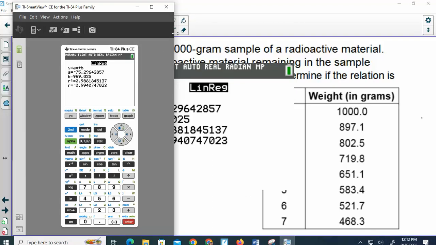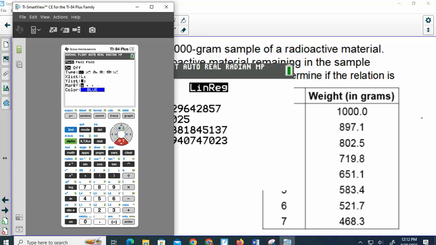If I want to look at the residuals, we are going to go to second, stat plot. Go back into plot 1. For each of these X values, we want to plot the residual, the difference in what we actually saw versus what the line would give.